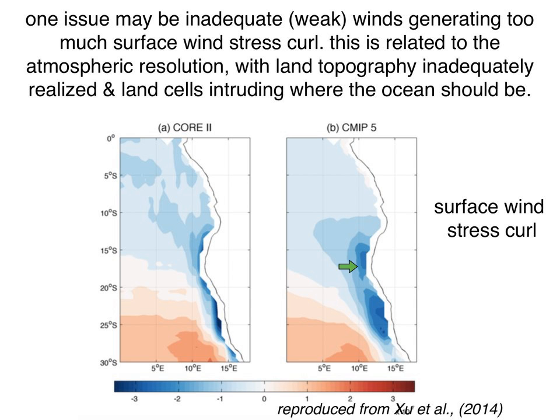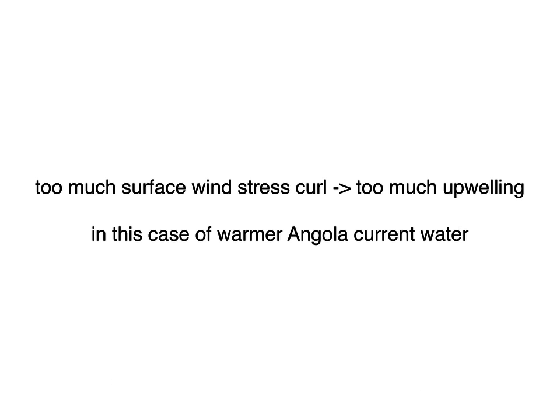So then you get too strong of a gradient between the coastal and offshore winds, leading to too strong of a surface wind stress curl. This would encourage upwelling, which you would think would be good for the SST biases in that region.